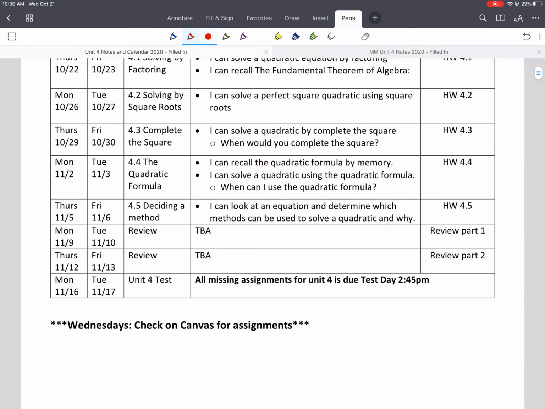Please note that Wednesdays you need to check on Canvas for any assignments. My plan is that I will have quizzes on Wednesdays that will go over maybe 10 problems at the most, covering the lessons that we did in the past.